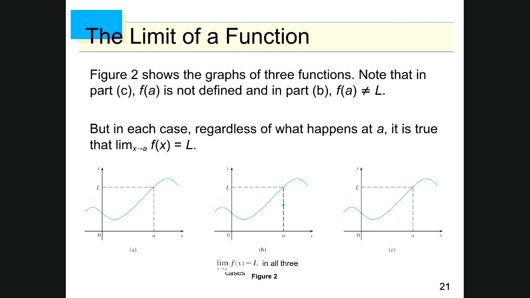Let me enlarge this a little bit so that I get my point clear enough. This is what I was telling you before. Look at the first case. This case is a continuous case. There is no discontinuity.